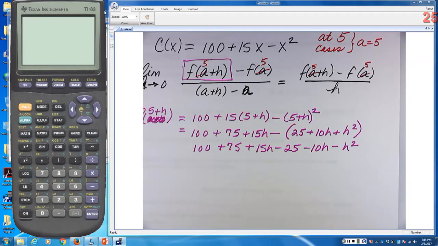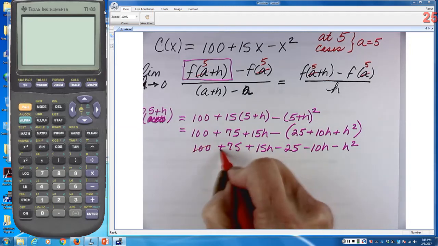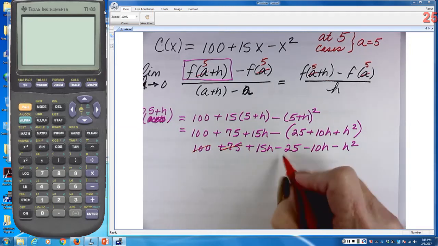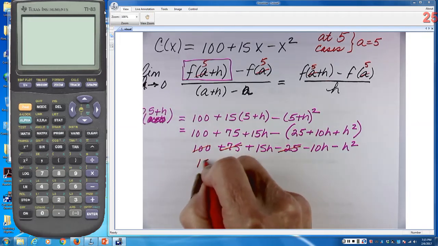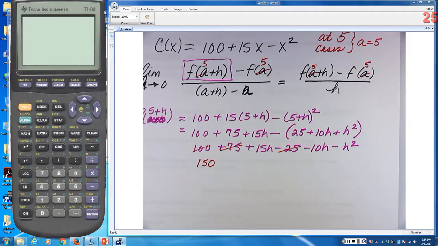Okay? And then I'm going to go through and try to clean up the constants. 100 plus 75 is 175, and 175 minus 25 is 150. Nothing else changes.